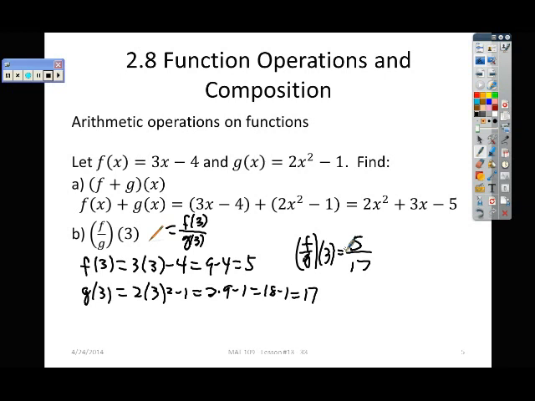Now you can do it with x's and then plug in. I could do f over g of x, which would be 3x minus 4 divided by 2x squared minus 1, and then I could evaluate that at 3.